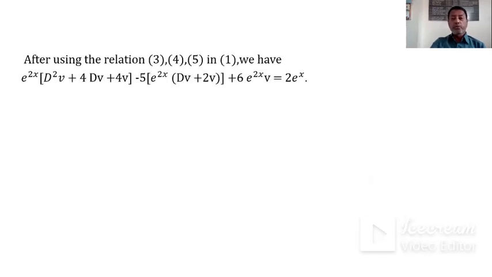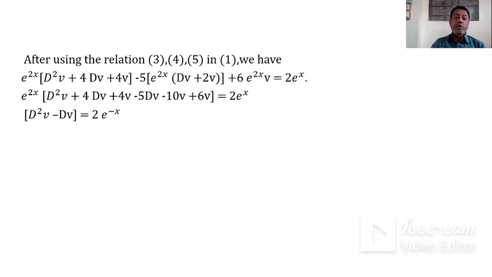Rearranging this differential equation, we obtain the final differential equation v'' − v' = 2e^(−x).